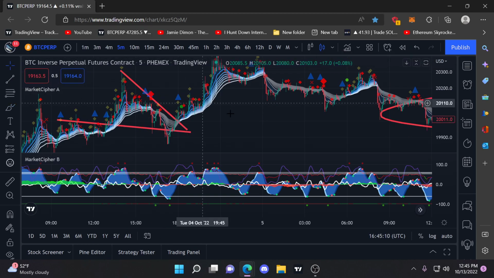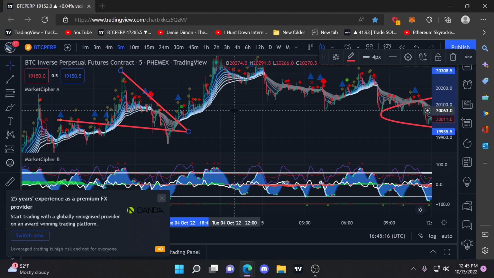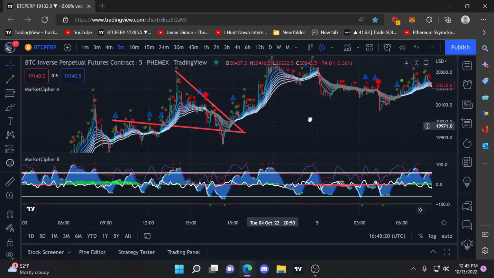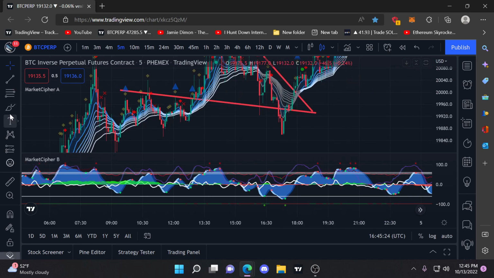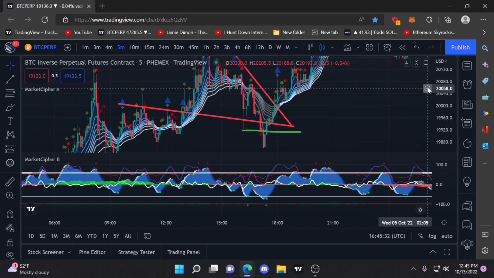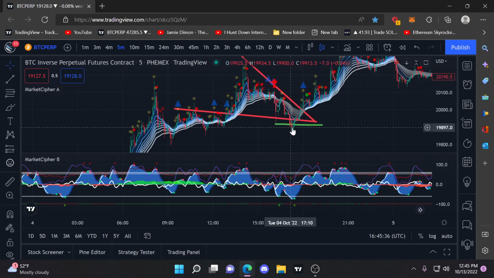This is something else I wanted to talk about. Most people, when they trade wedges or triangle patterns of any sort, look for a breakout. So right here, a lot of people went short, which is completely wrong. That is not how you trade wedges. For me right here, I'd be looking to take a long.